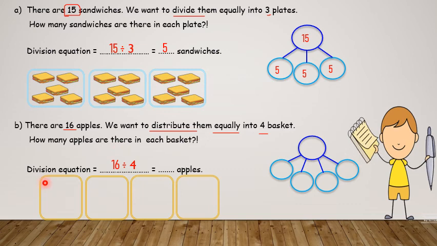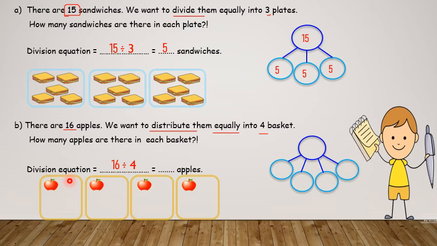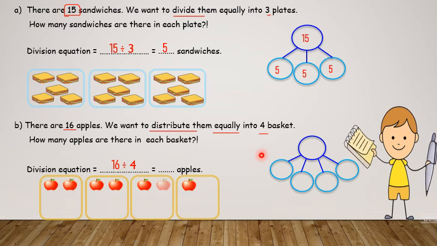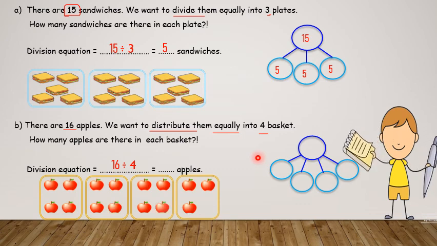So I will put apples here. Let's distribute them equally. If I put 1 apple here, I put 1 apple here and 1 apple here and 1 apple here, until I finish the 16 apples. So let's count them all. 1, 2, 3, 4, 5, 6, 7, 8, 9, 10, 11, 12, 13, 14, 15, 16.